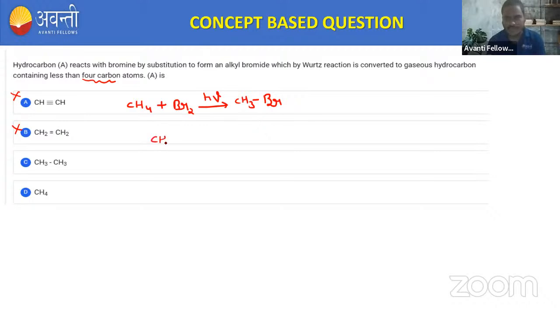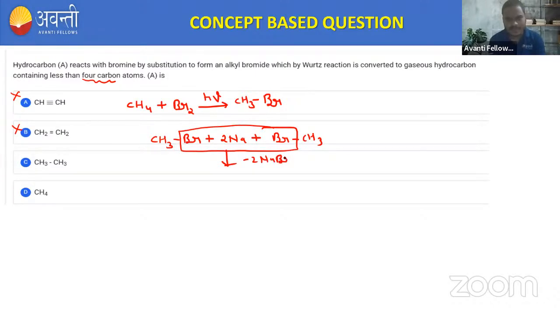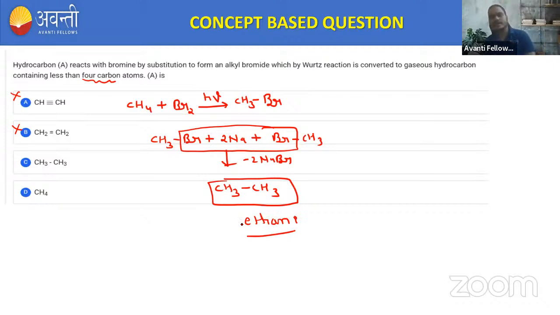So we know what happens in the Wurtz reaction. 1 mole of the alkyl halide reacts with 2 moles of sodium, so again we have to take one more molecule of this alkyl halide, right? So 2 NaBr is a byproduct. So we are left with CH3 and CH3, that is ethane. Right, so you'll get ethane. So this is the correct one, right?